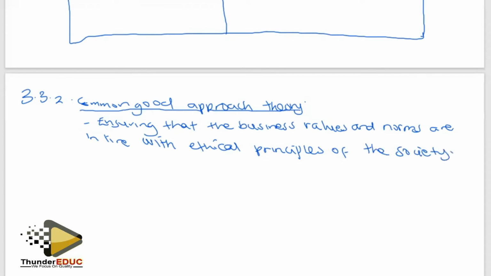So what is done in the business must not be different whatsoever from what is known in the society. You get that? So the business must not be a separate entity from the community. What it thinks is ethical must also be ethical to the society.